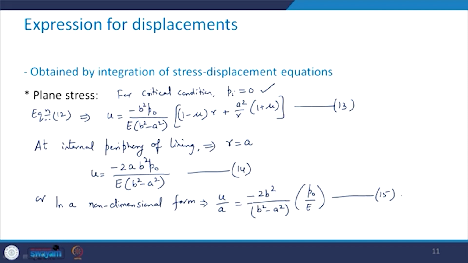So, this is how we can obtain the displacement in case we want to analyze the concrete lining in case of the circular tunnel. So, this is what is for the plane stress condition, which will be the most relevant condition in this case.